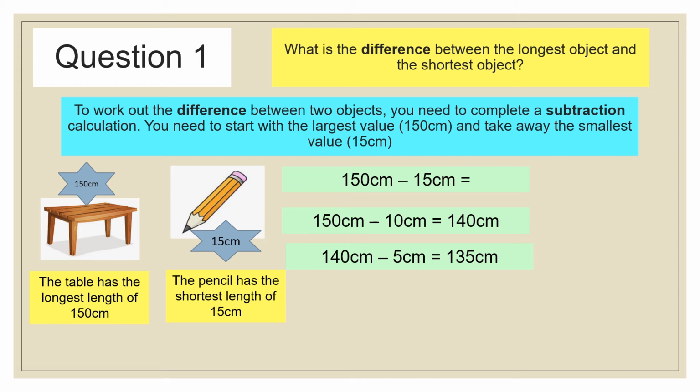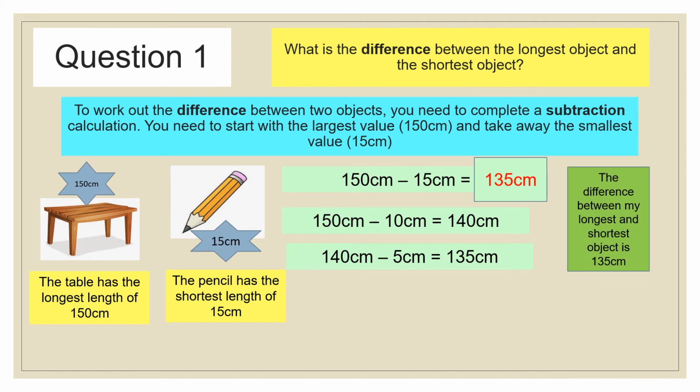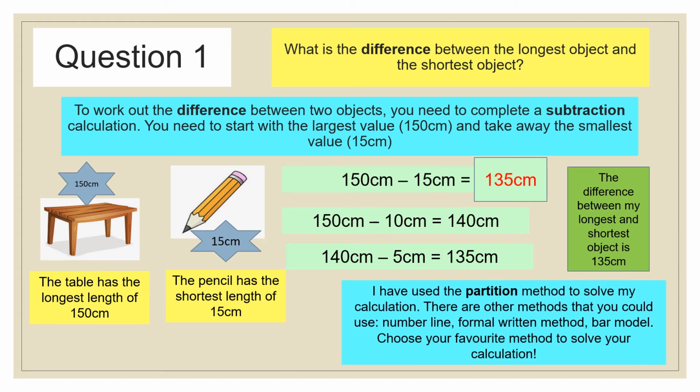So that is 140 centimetres take away 5 centimetres equals 135 centimetres. So my answer is 150 centimetres take away 15 centimetres equals 135 centimetres. So the difference between my longest and shortest object is 135 centimetres.